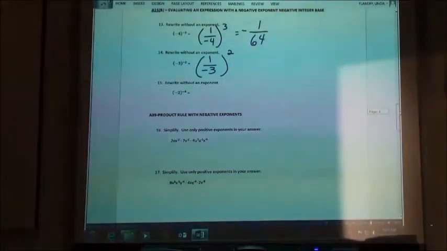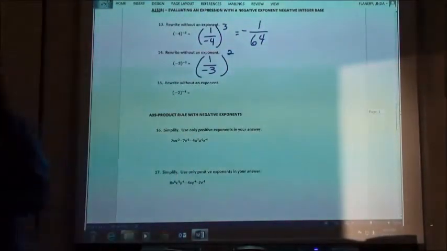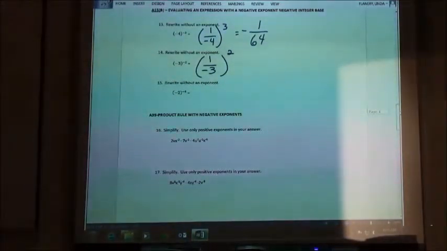Then I'm going to square it, and when I square it, what's going to happen? Is it still going to stay negative? When you square a negative 1/3, what do you get? No, because you're going to square it.